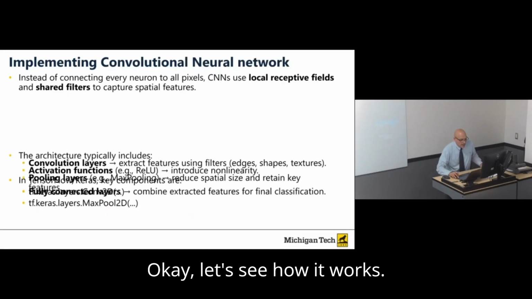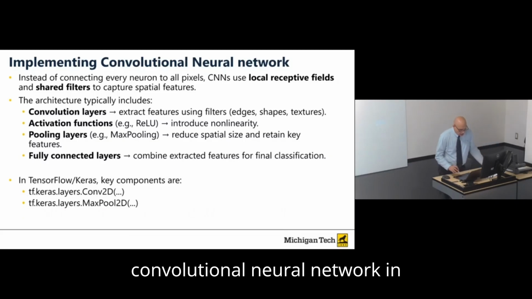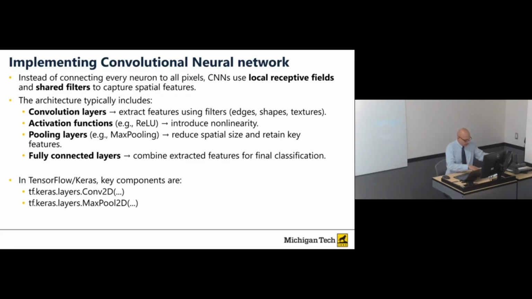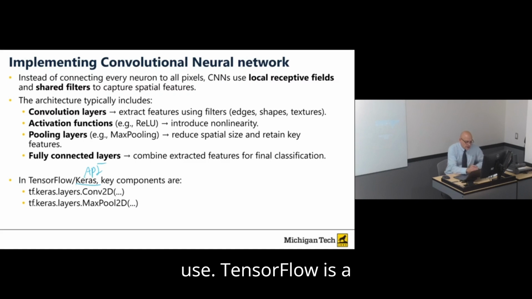Okay, let's see how it works. Implementing a convolutional neural network in Python is so easy. You just need to use TensorFlow, and Keras is the API that you can use.